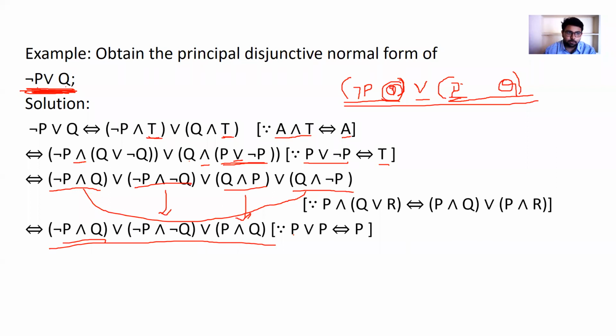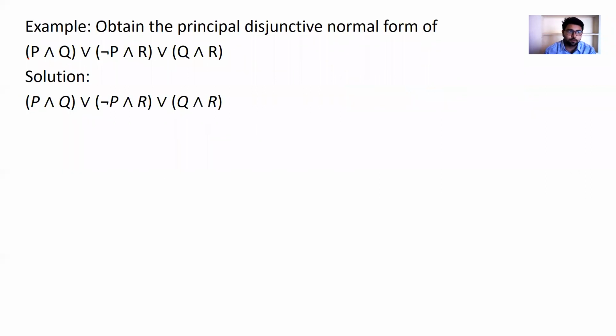This is equivalent to negation of P or Q. So I'm going to explain with another formula for clear understanding. I need to obtain the principal disjunctive normal form for the following formula. I need your help to solve this. First of all, tell me how many variables are there in this formula?